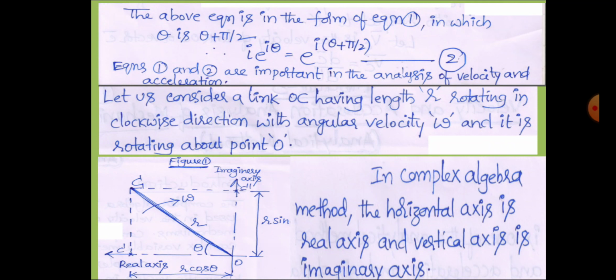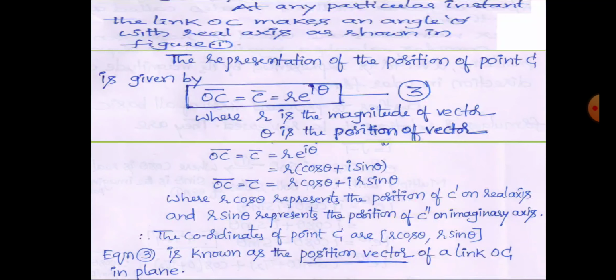So I am considering a link OC having a magnitude small r, rotating with an angular velocity omega in clockwise direction, in a plane having the horizontal axis as the real axis and the vertical axis as the imaginary axis.